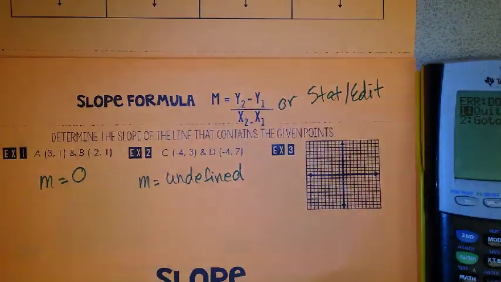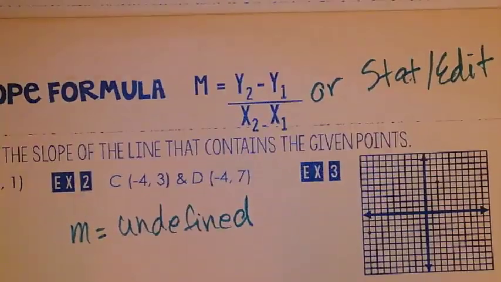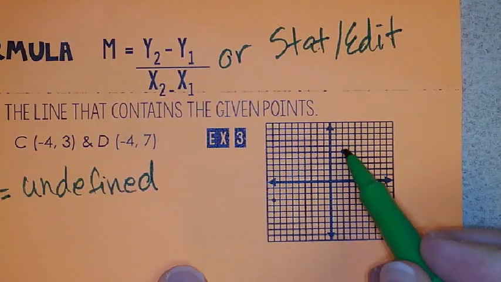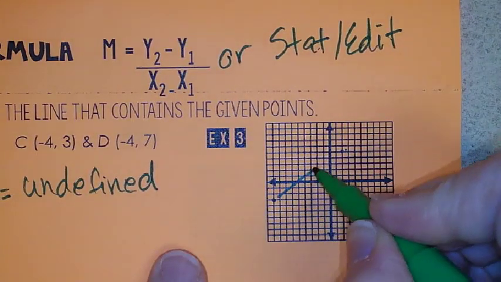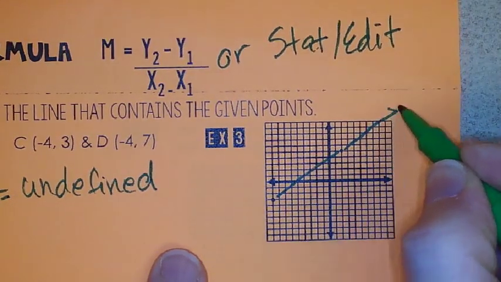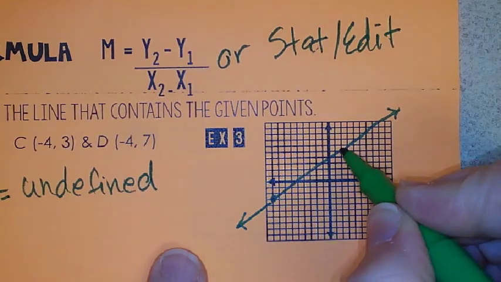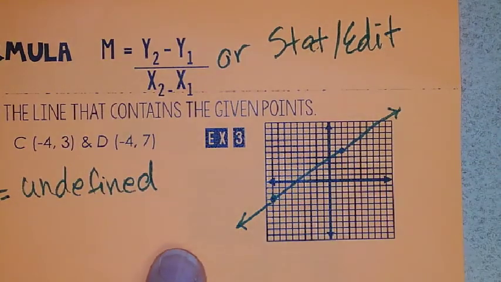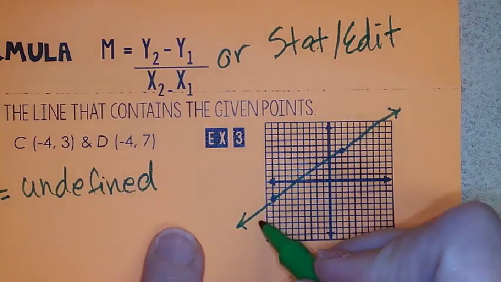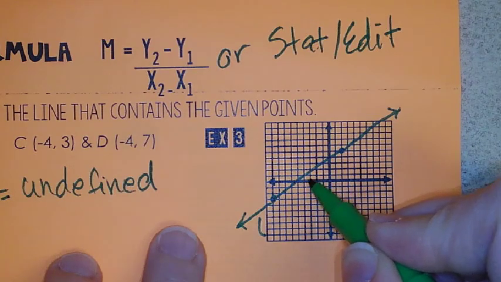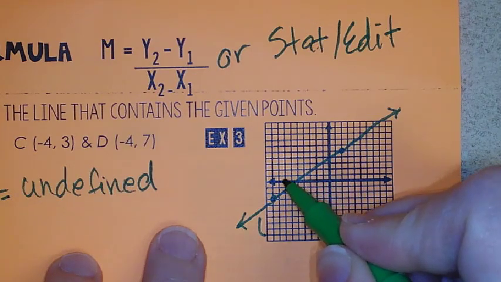And then if you look here, kind of hard to see, but there are 2 points for us here. So if we're given a graph with 2 points and they're wanting us to find the slope of the line going through those 2 points, well, we can find the coordinates of these points. So the coordinates of these points are, I go over in the negative x direction, 1, 2, 3, 4, 5, 6, 7, 8, 9.